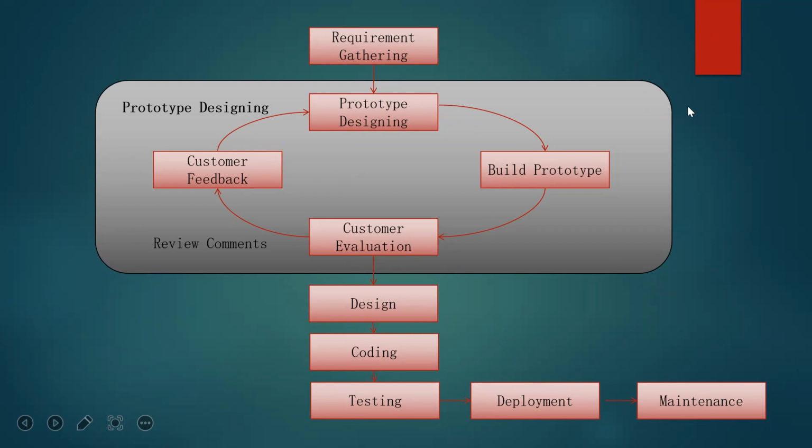Only this prototype designing phase will be your iterative phase here. Once everything gets confirmed here, the next phase of the SDLC will start, the designing phase. Here is where the architectural design will start. After that, coding, testing, deployment, and maintenance. The other things will be a normal waterfall model kind of thing, but here alone the prototype designing is a small extra phase in the prototype model.